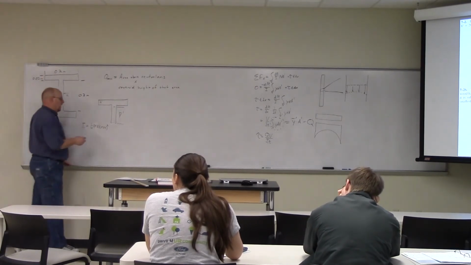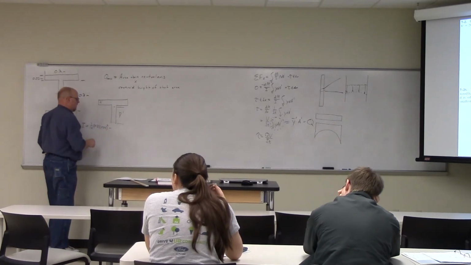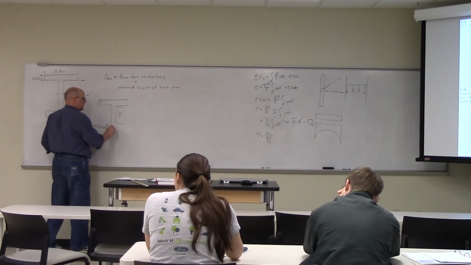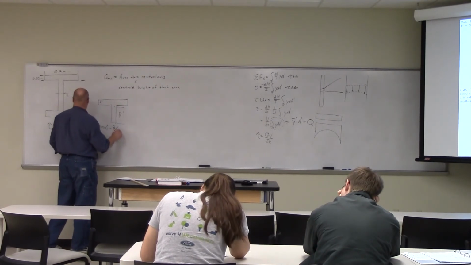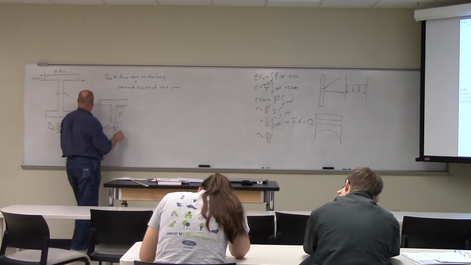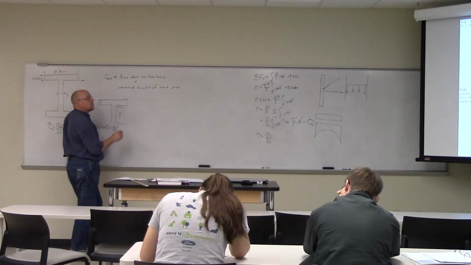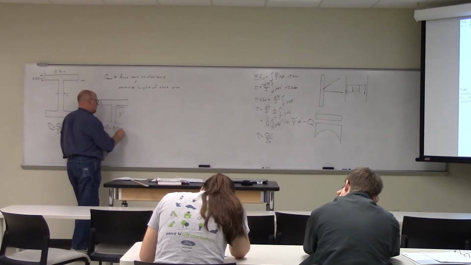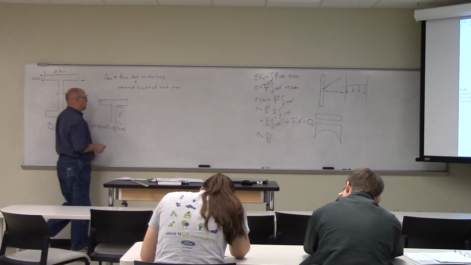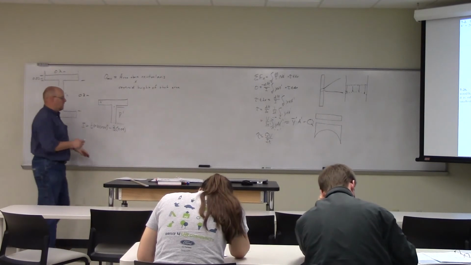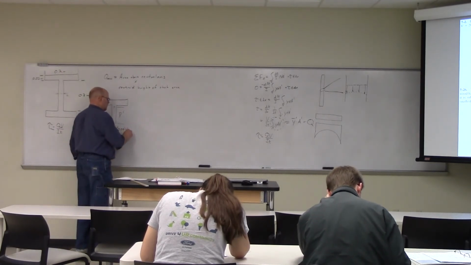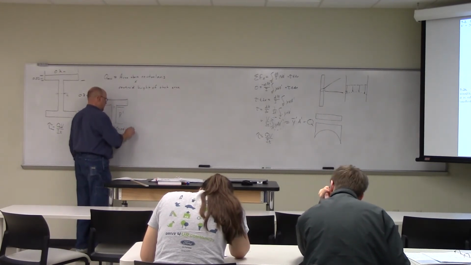That minus 2/12 times 0.09, which is the width of one of these sections, times 0.3 cubed.